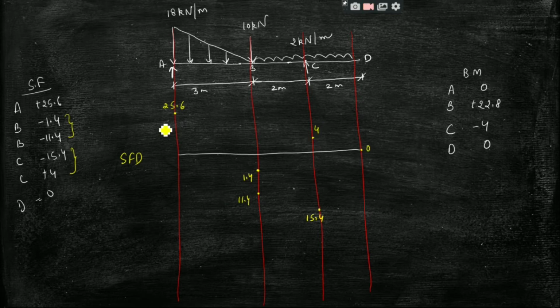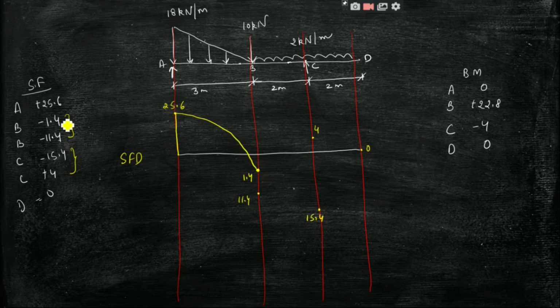Now we will join these. Between A and B we have a uniformly varying load, and for a uniformly varying load the shear force values are connected with the help of a parabolic curve. So we will join the shear force at B on the left hand side, which is minus 1.4, and 25.6 with a parabolic curve, right?